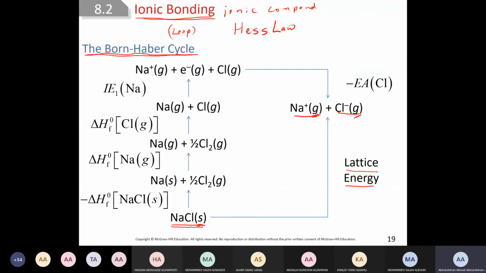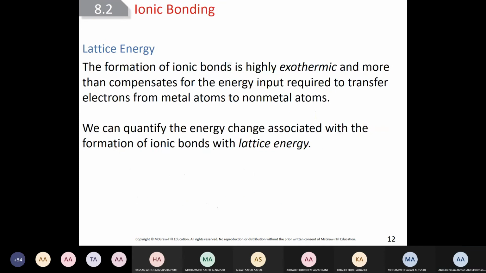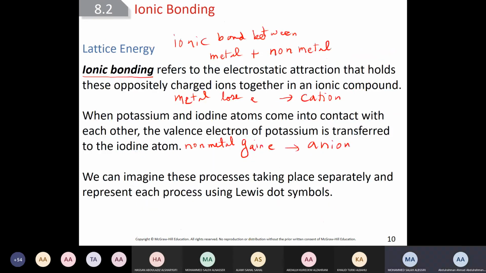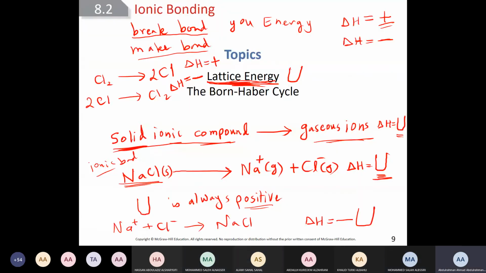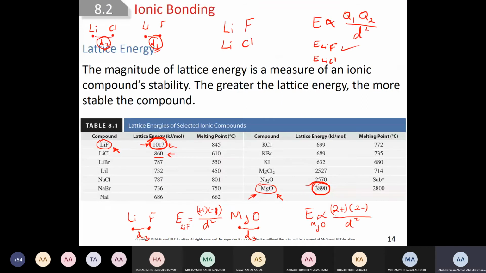What's the letter that we use for it? U, capital U. And the value for this U, which is given here, is always what? Positive. That's the lattice energy. Is this clear?